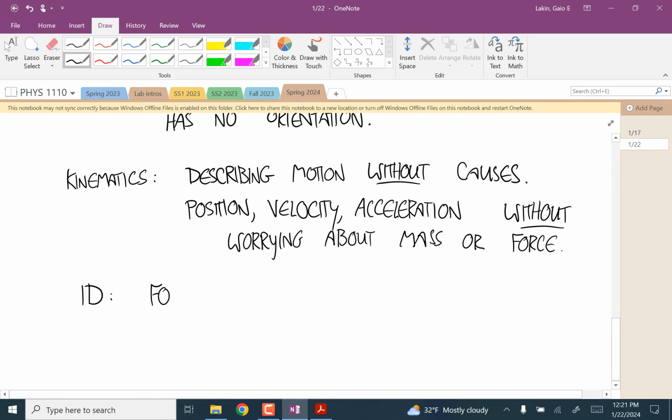For us, though, we're just going to think of this as motion along a line. With our calculations and stuff, that's what we're going to deal with.